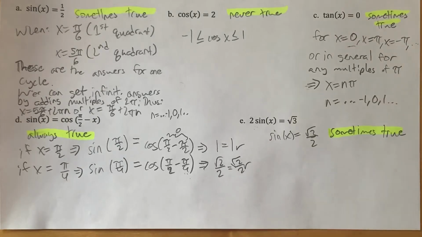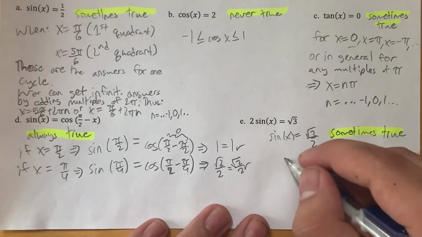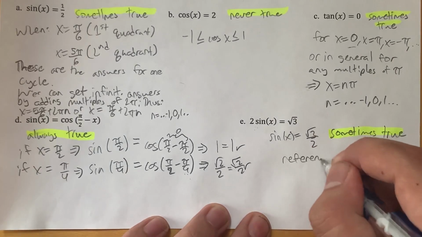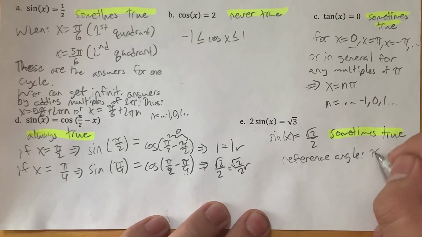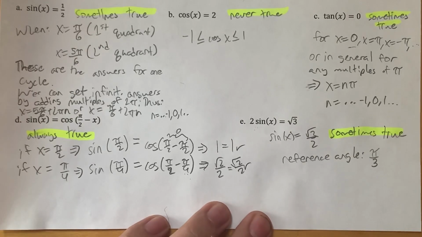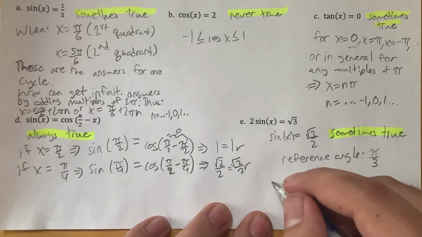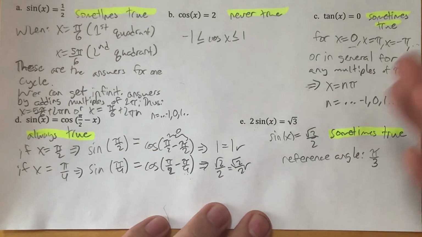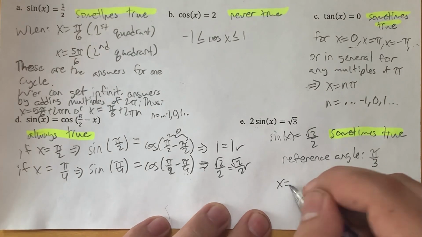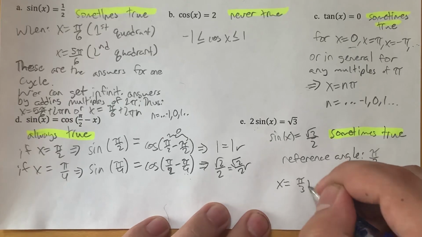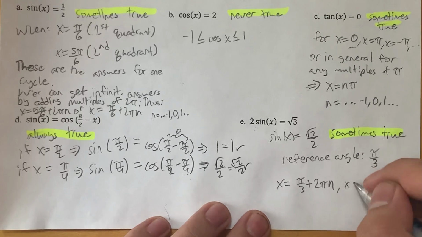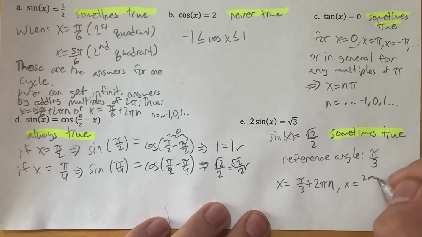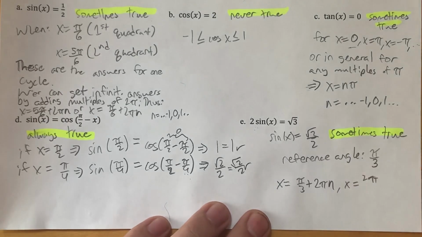Let me highlight that. The reference angle for root 3 over 2 is, hopefully you guys answer that, pi over 3, right? So we're going to state all the coterminal angles for this as well. X equals pi over 3 plus 2 pi n, and x can equal 2 pi over 3 plus 2 pi n, because that also gives you a positive root 3 over 2.